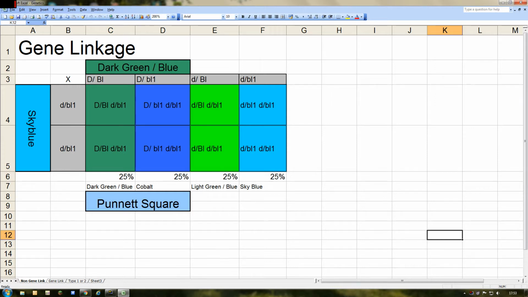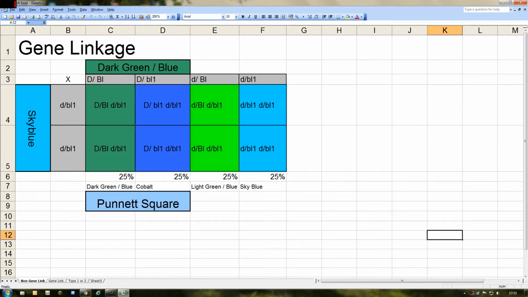So it can pass on the mutated dark factor and the normal green gene, it can pass on the mutated dark factor and the mutated blue gene, or it can pass on the non-mutated dark gene and the normal green gene, and the non-mutated dark factor gene and the blue gene.